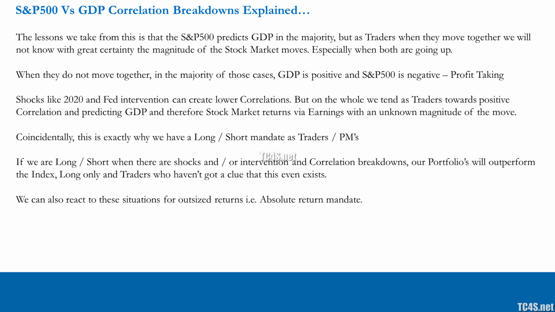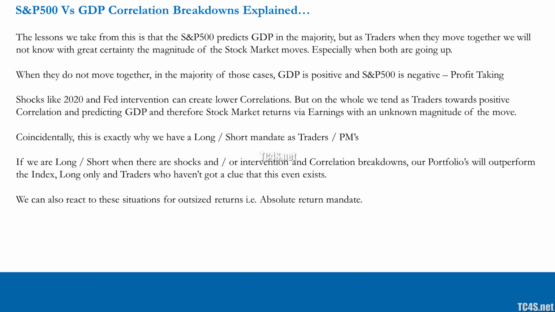Well, you can see from here when we look at our statistical correlations that we can't predict with a great amount of accuracy the amount of money that we can make. What I'm referring to here is the magnitude of a particular move in the S&P 500 when predicting GDP. Yes, we have statistical correlation, but the range is wide.